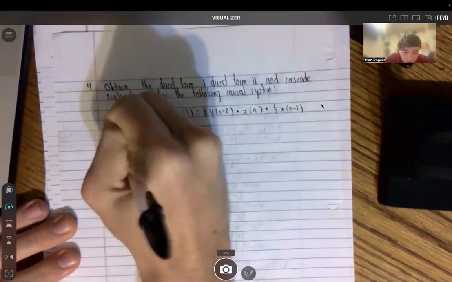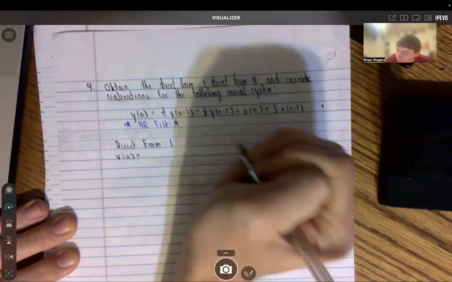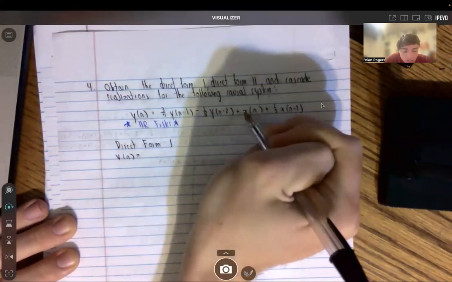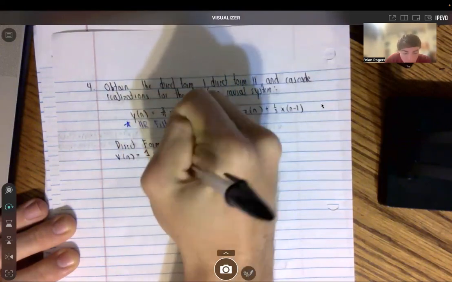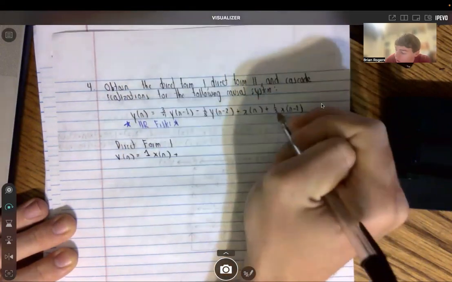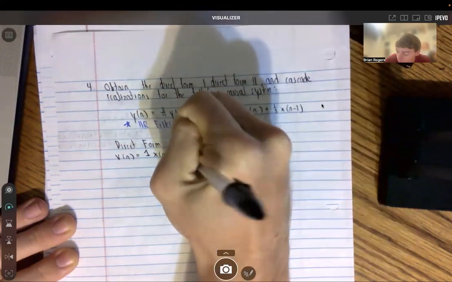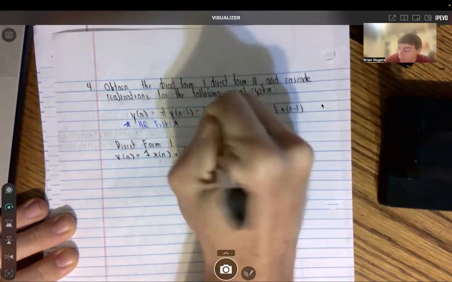we define v of n, and v of n is going to equal the coefficient of the x of n term. So the coefficient is 1 times x of n, plus the next x of n term, which is 1/3 x of n minus 1.